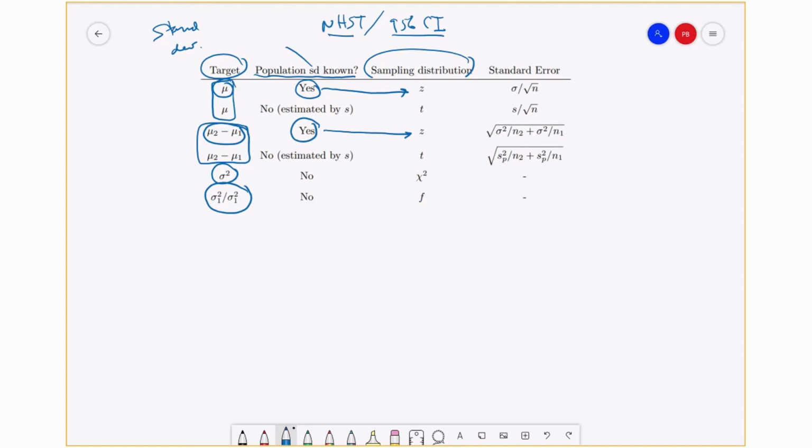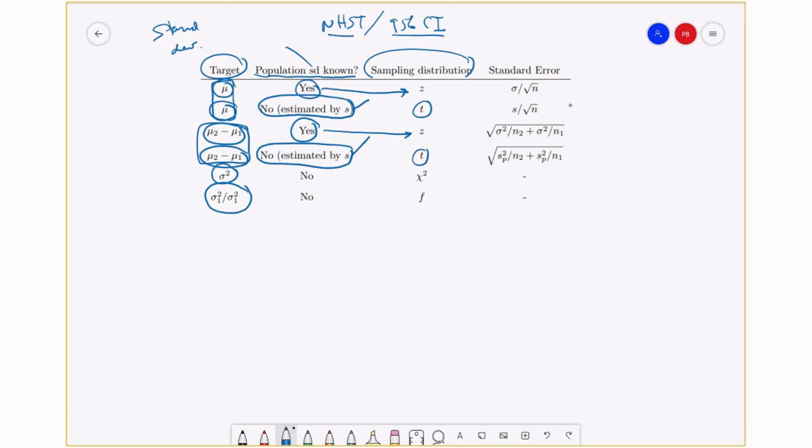In the more realistic case, where the underlying population variance is unknown, then we estimate the underlying population standard deviation with S instead of sigma, and that requires us, if we're going to draw inferences about either of these two guys, to use a t-statistic.